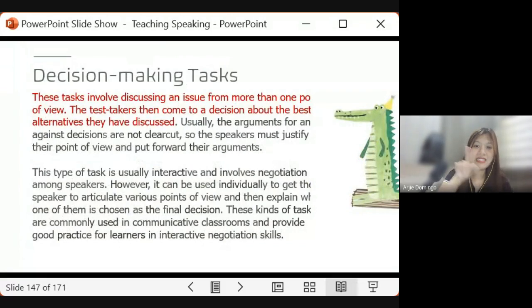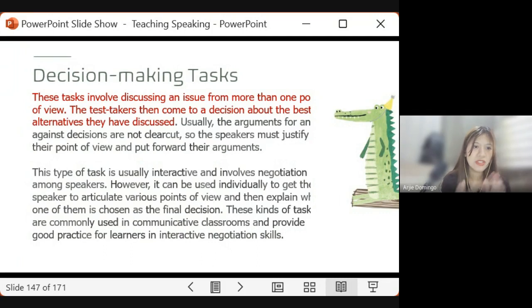Next one is a decision making task. Based on the title, of course, you will ask your students to make a decision or an alternative to whatever should be discussed or what should happen or what they should decide on, so that they could help each other develop their speaking skills.